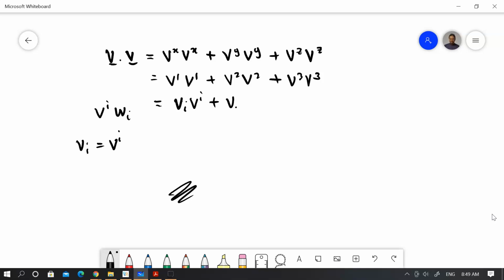I want a 1, not i. V1 plus V2 plus V3. Right? No problem with that because I know that happens in the case of the Euclidean space. And how do you get this Vi?